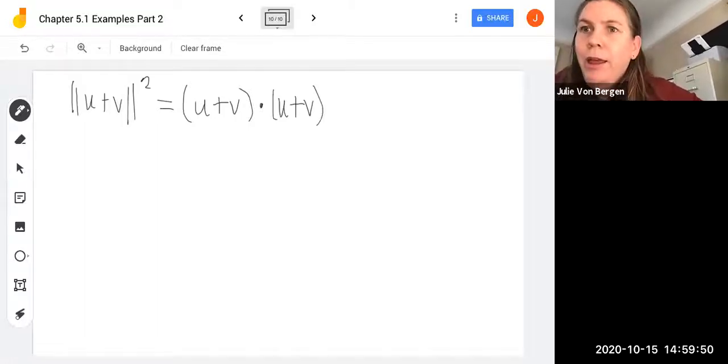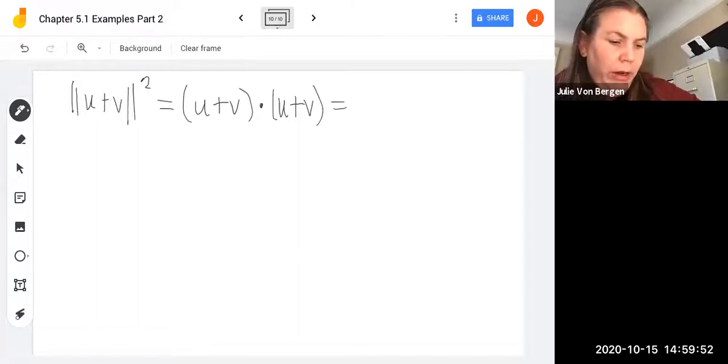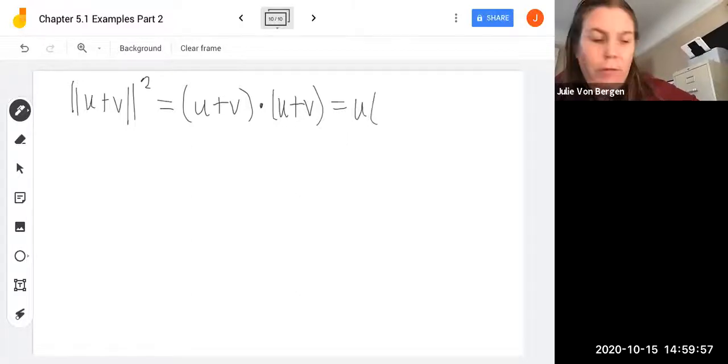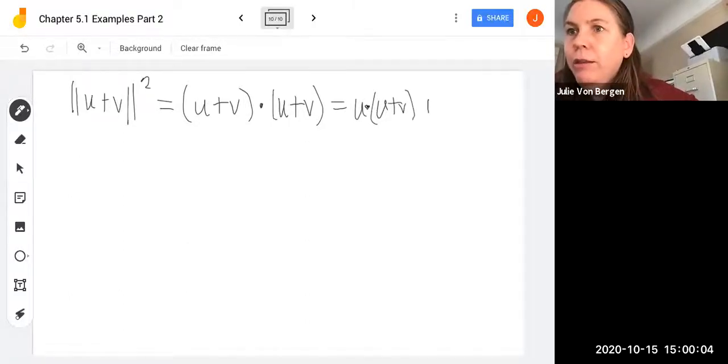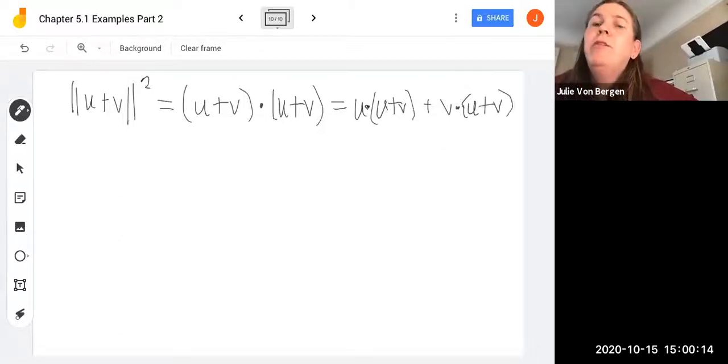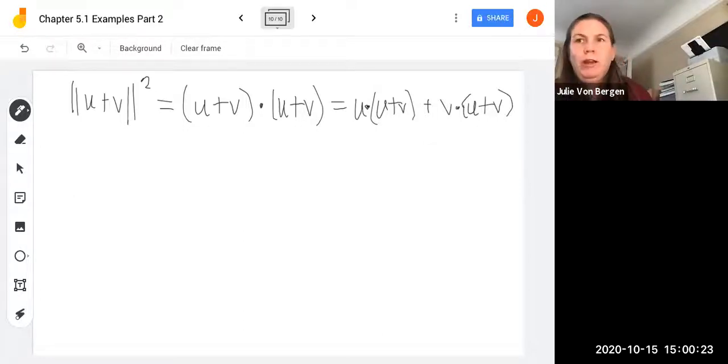And so then I can pull up my u here, and so I can say, well, that's just u dotted with u plus v, plus v dotted with u plus v. Okay, so I'm just using my properties from theorem 5.3, my properties of the dot product. So that was property 2 in action.